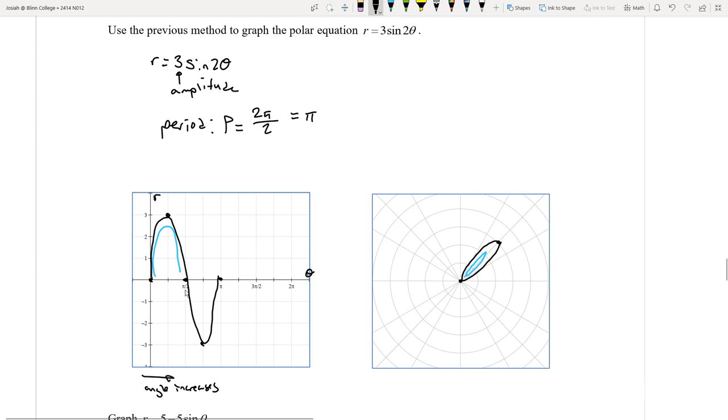So let's talk about what happens after that. From pi halves to pi, we get the same situation. We're starting and ending at the pole. At 3 pi fourths, we get -3. So what's happening is our graph is actually falling below 0. So instead of being up here, although our angles are between pi halves and pi, all of our radii are negative. So we're going to end up down here. So we'll go ahead and graph this point. At 3 pi fourths, we get -3. So we go 3 pi fourths, jump back through the pole, 1, 2, 3 down here.